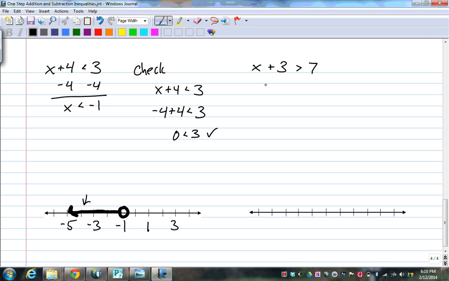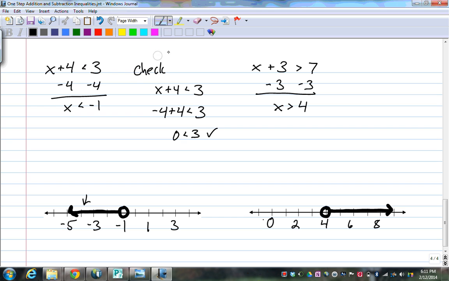All right, next one, we have a +3, so we want to subtract 3 from both sides. x is greater than 4. So down here, I'm going to put 4, 6, 8, 2, and 0. And it's greater than, so it's going to be open and pointing to the right.